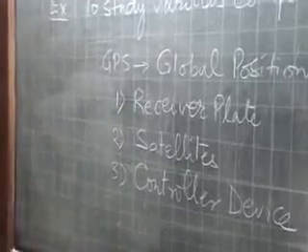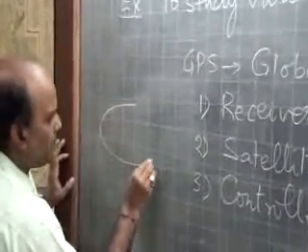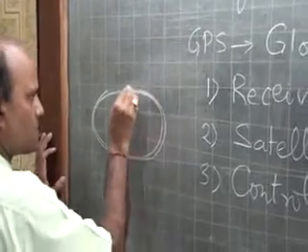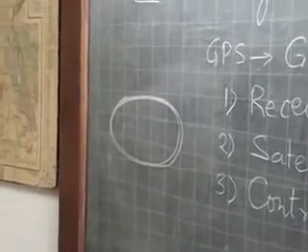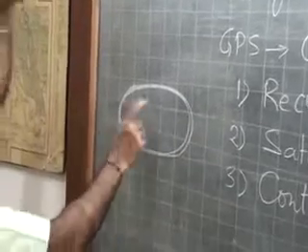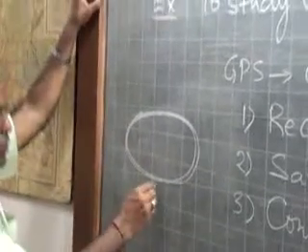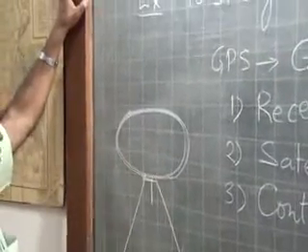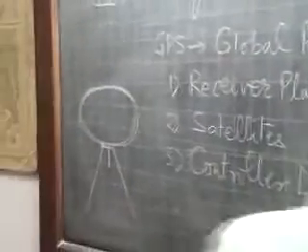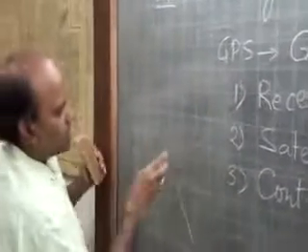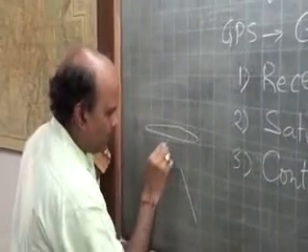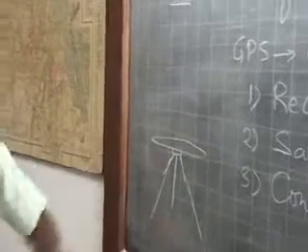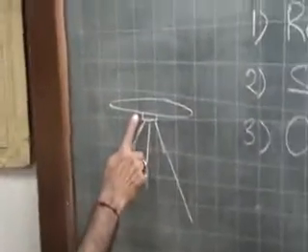A receiver plate is basically a circular plate, sometimes hexagonal, sometimes oblique shaped. You can mount this plate on a tripod. You can clamp this plate on a tripod. When you are mounting this plate on a tripod, you have to ensure two things.